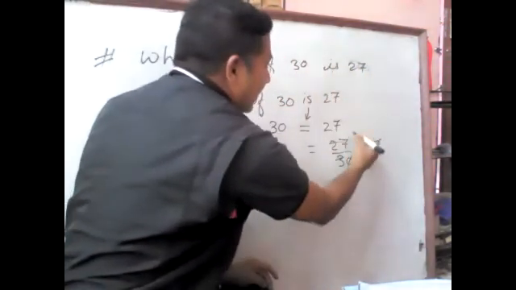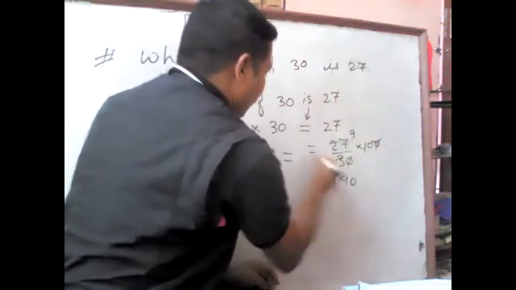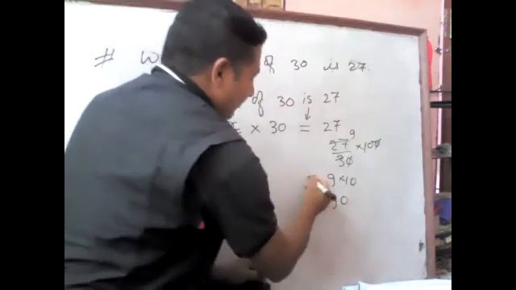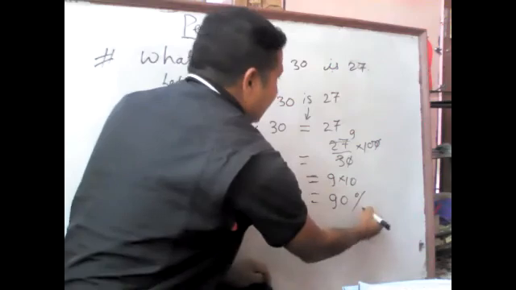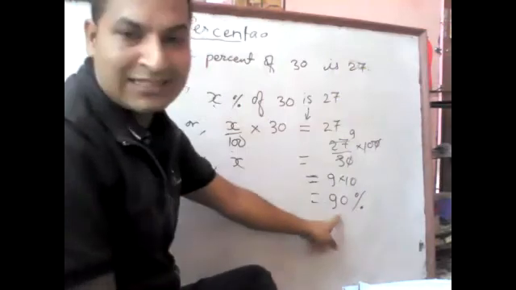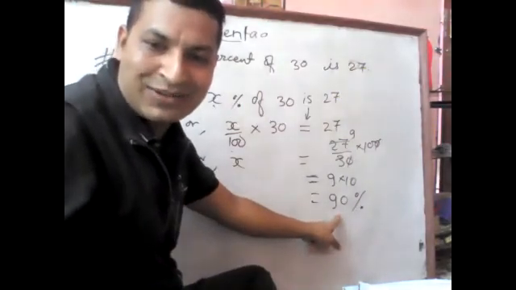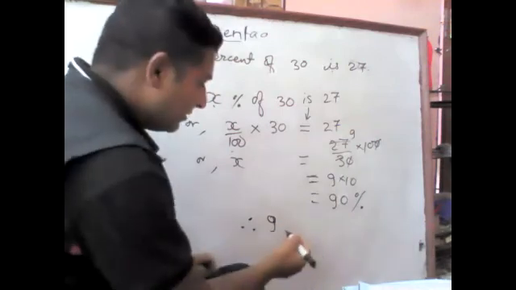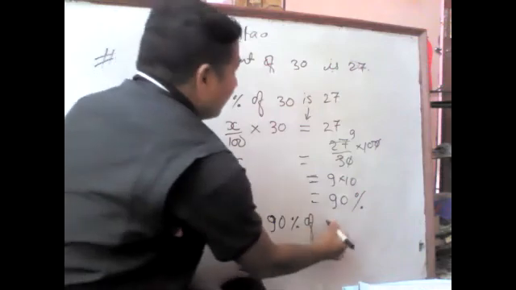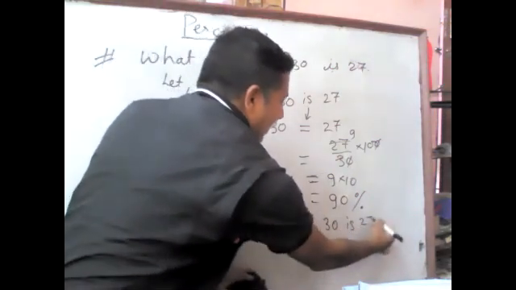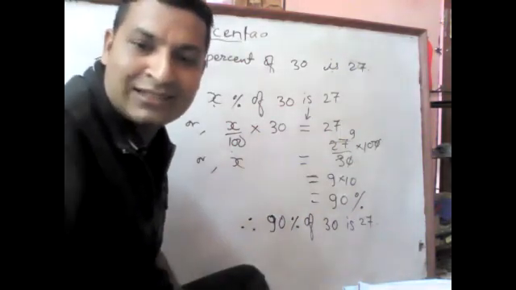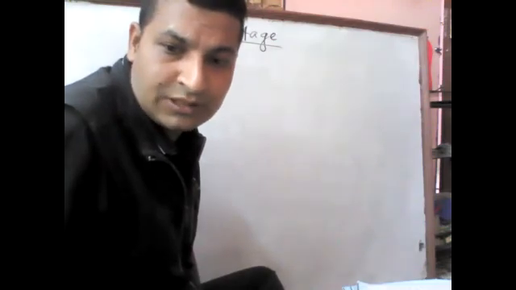We can cancel out, 9 into 10, that is 90 percent. Our question is what percent of 30 is 27? That is 90 percent. It's better to write the conclusion: therefore, 90% of 30 is 27, or the required percentage is 90.